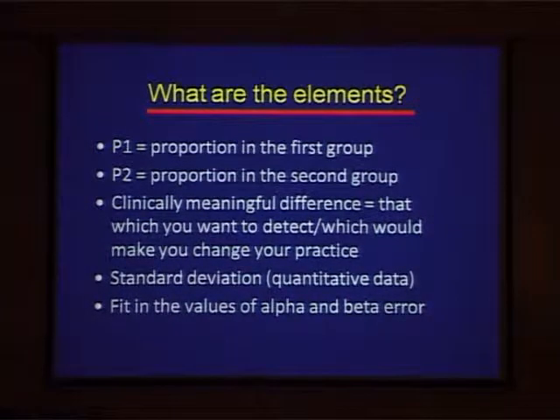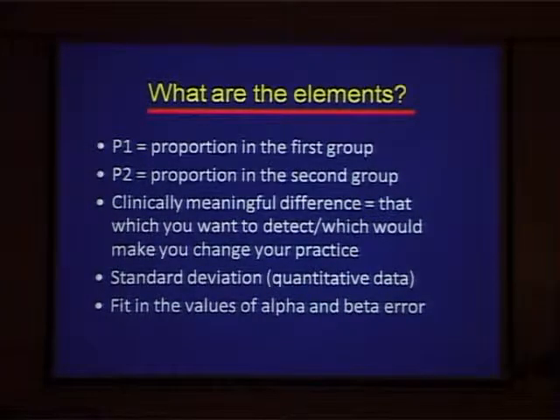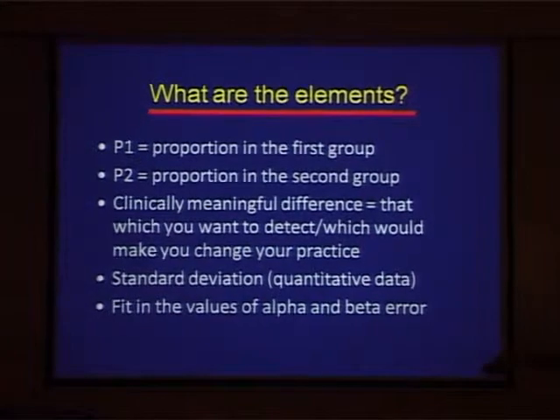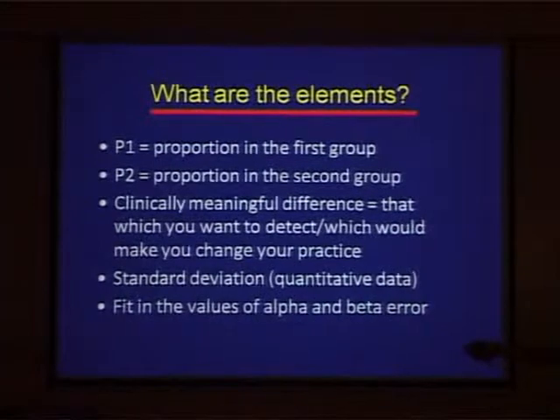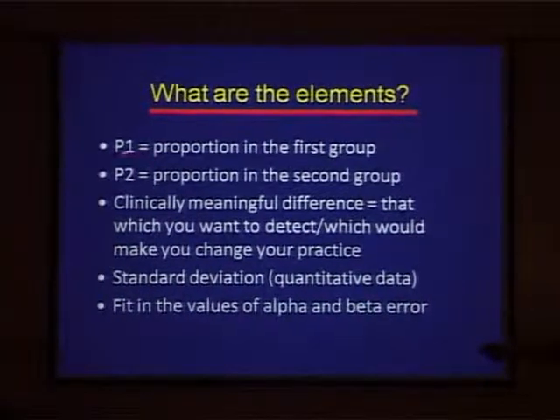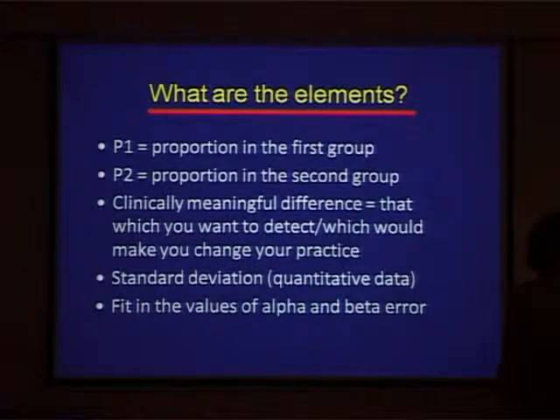When we calculate sample size for categorical data, which is expressed as proportions, you need to know the proportion of successes in the first group, the proportion of successes in the second group, and what Dr. Alok was alluding to, what is the clinically meaningful difference between the two.